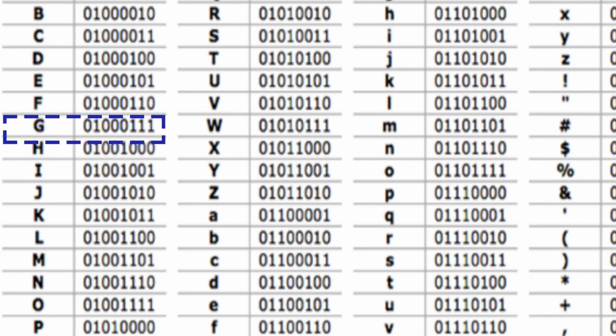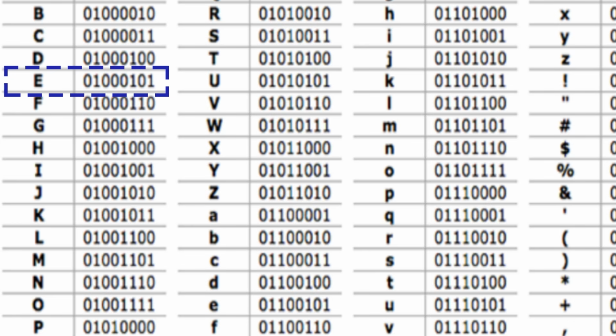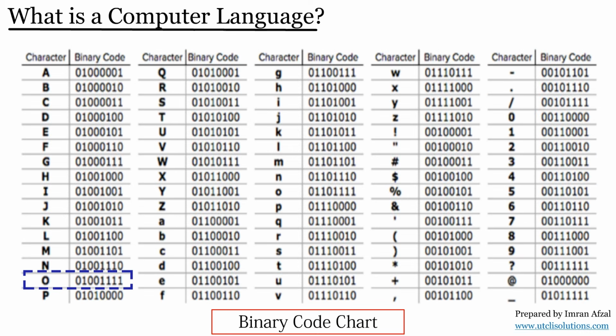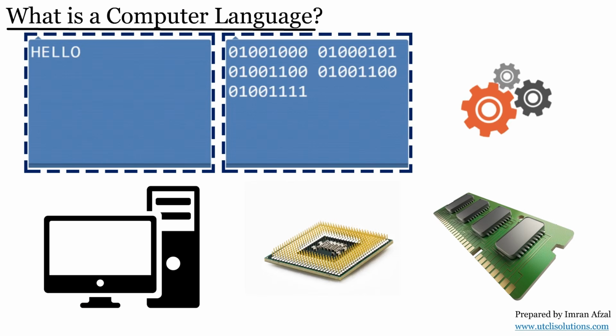Same thing, E translates to 10000101. L, L, and O, O 1001111. So that's like a cheat sheet the computer has, and the computer knows that when the letter H comes in or E comes in, I'm going to have to translate it into binary.